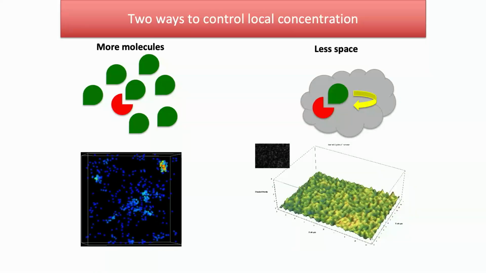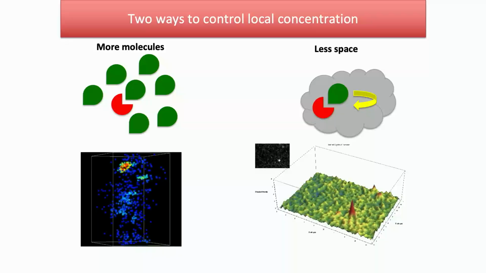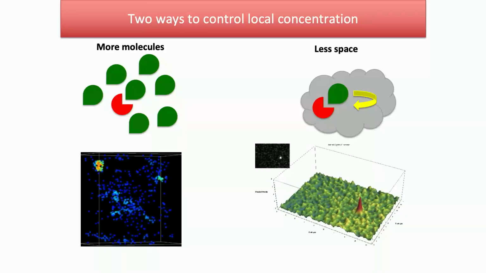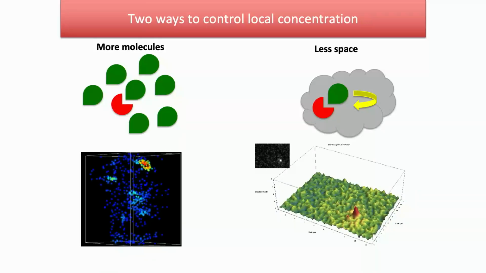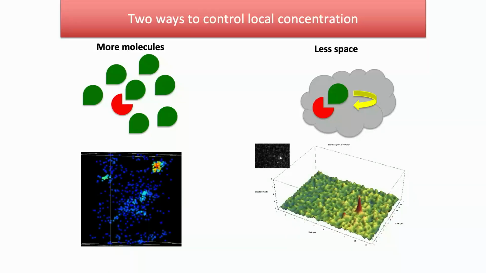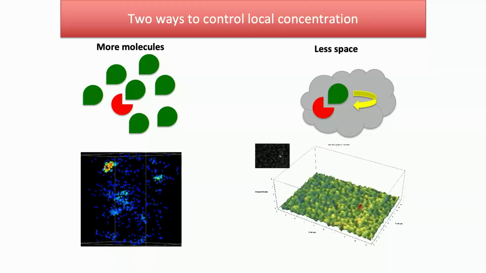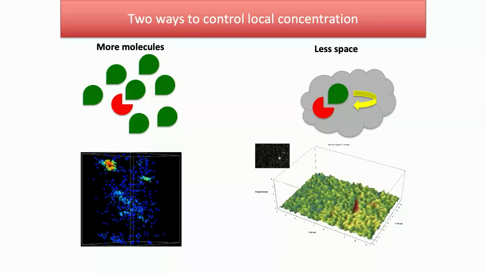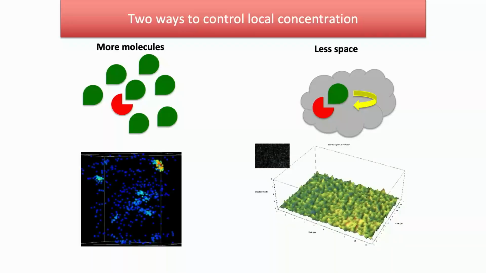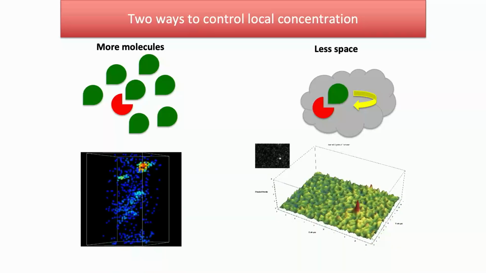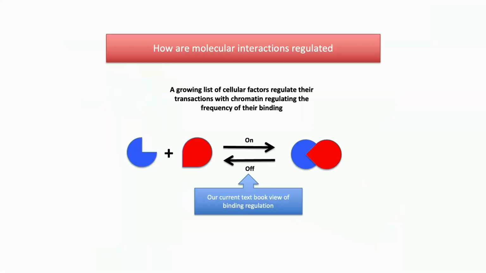And what Anders saw, and Ignacio saw too, is you can increase the K-on by diminishing the space. You still have a single molecule. If this molecule is navigating in a space that is confined, you are de facto increasing the concentration, and you are increasing the K-on.